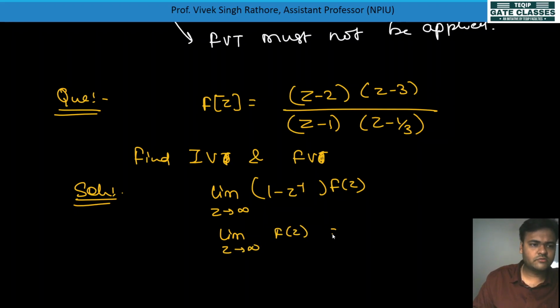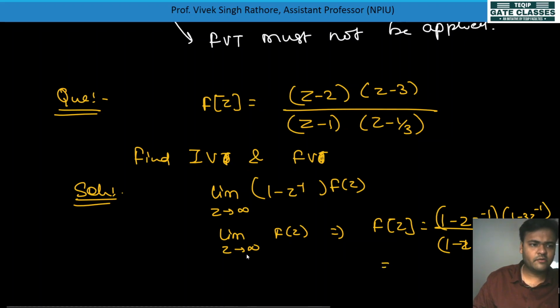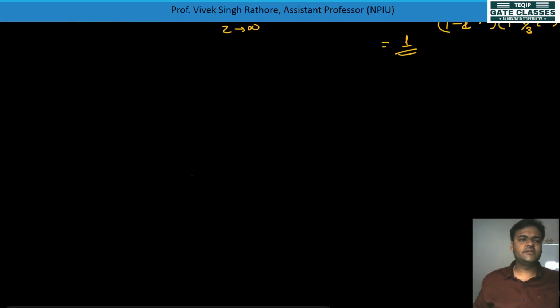F of z is given, so F of z can also be written as (1 minus 2 z inverse)(1 minus 3 z inverse) divided by (1 minus z inverse)(1 minus 1 by 3 z inverse). Whenever you put z tending to infinity, all the z inverse terms will be 0, so ultimately the value will come 1. So the initial value of this F of z is 1.